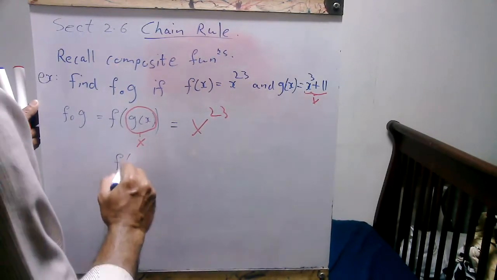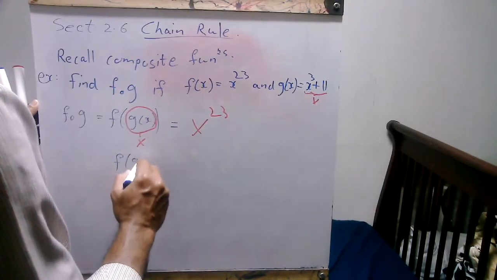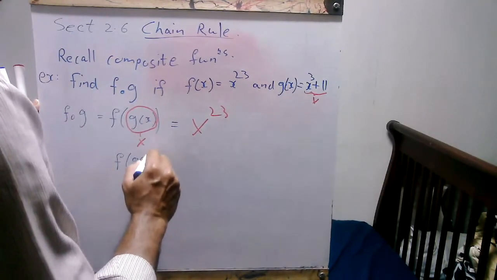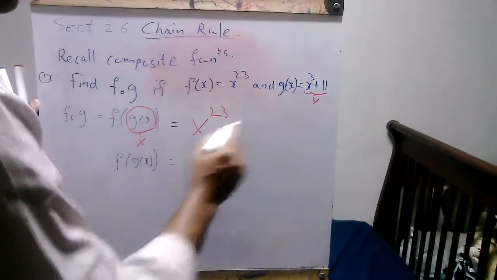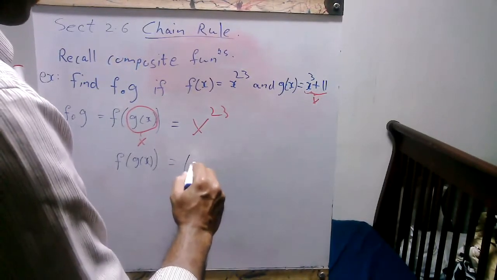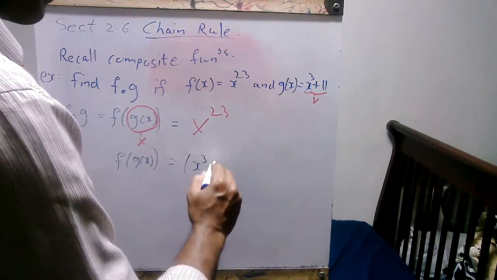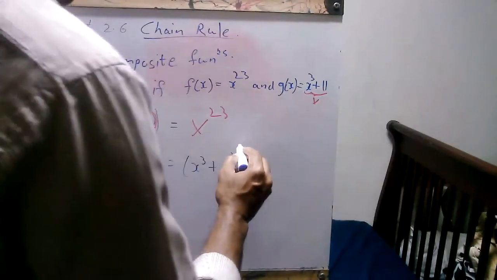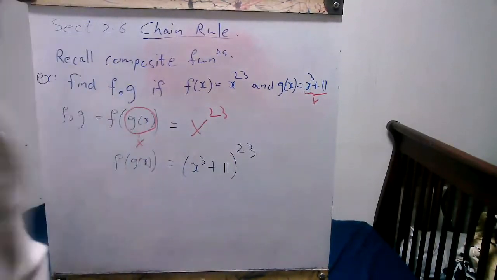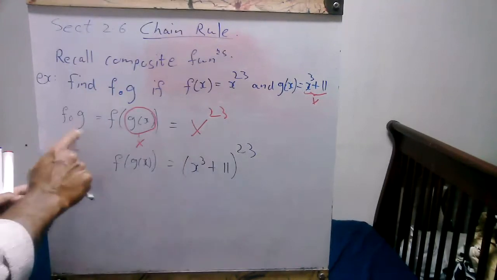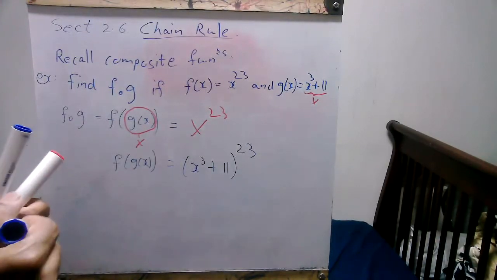Therefore f of g of x equals x cubed plus 11, this to the power 23. That's it. This is the answer to f composite g. Right?